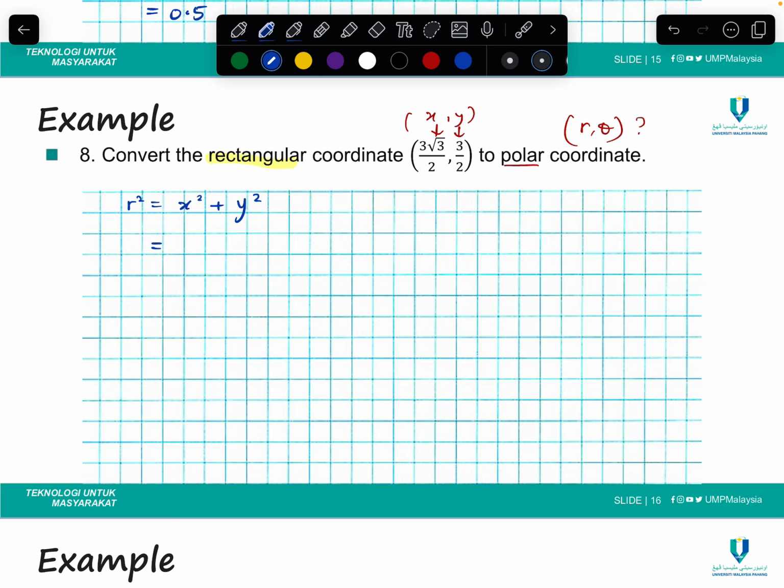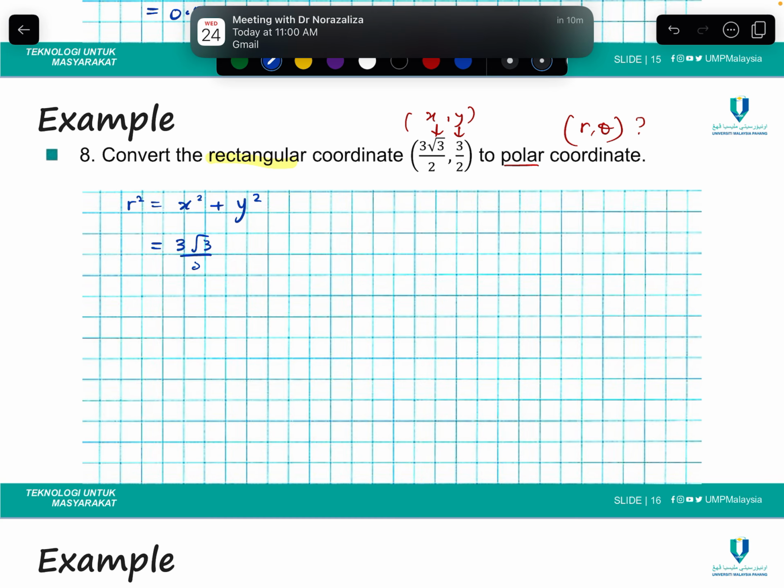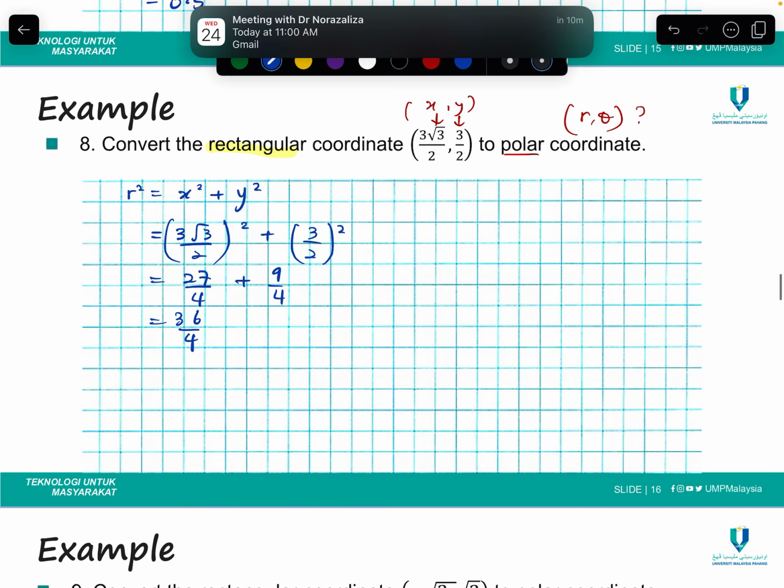This is the formula to transform. x is this element plus y. Then you have to simplify, and you will get 9. This answer is for r squared. We want r, so you have to take the square root of 9, which is 3. r equal to 3.